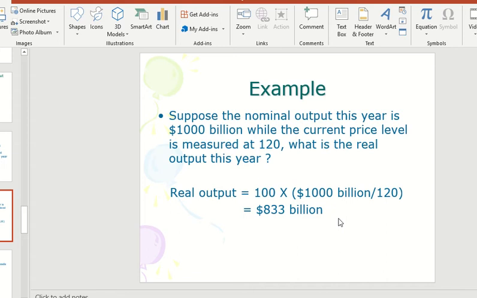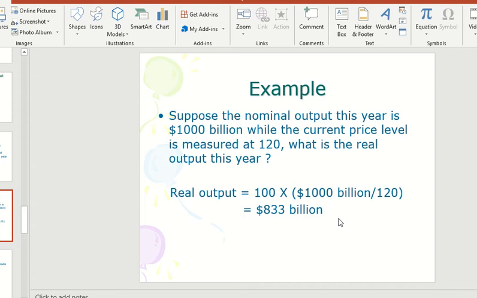In the base year, there is no inflation, so the real output and the nominal output are the same thing. So this year, when you look at the nominal output of $1,000 billion, you would say, wow, our economy has grown a lot, right? From last year to this year, $800 billion to $1,000 billion, that's a lot.